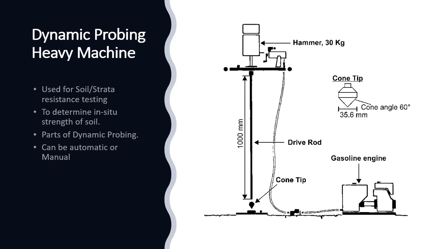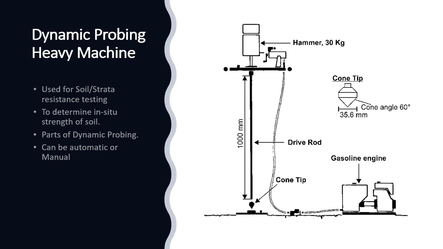The main purpose of our research is that students from the civil engineering department perform standard penetration tests manually by lifting a weight of 63.5 kg up to a fixed height of 0.76 meter and dropping it freely by hand.